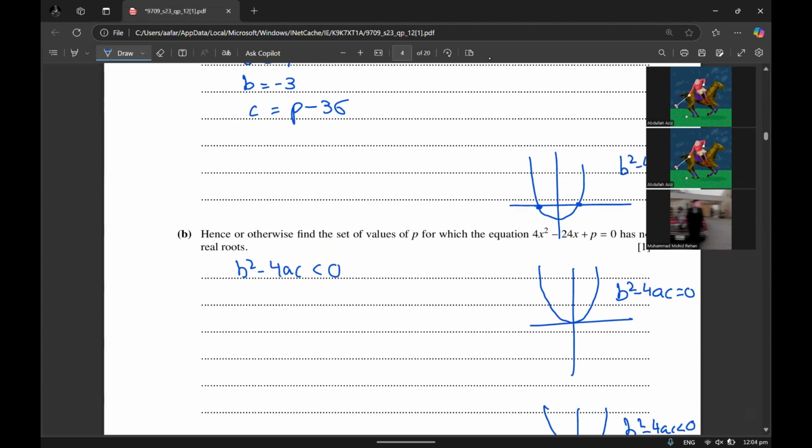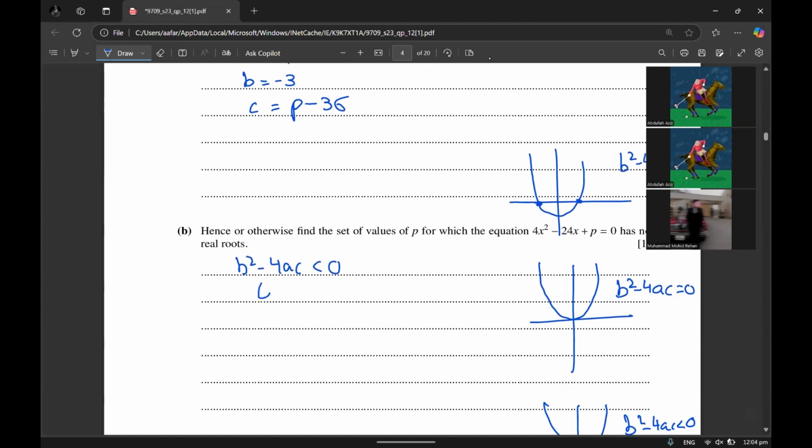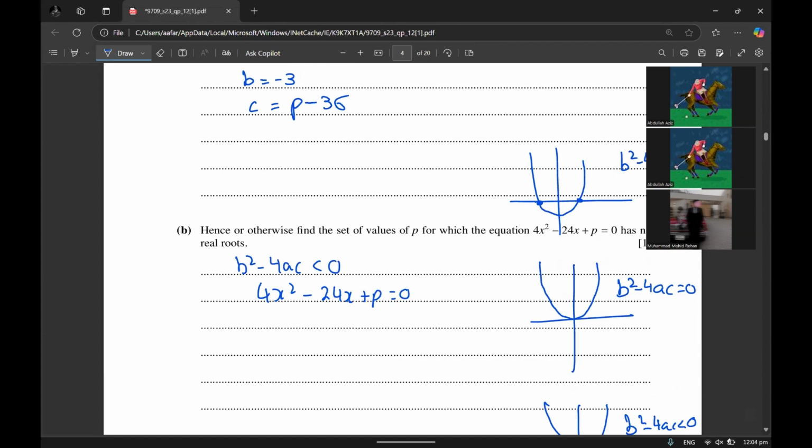In the equation 4x square minus 24x plus p, the base quadratic equation is ax square plus bx plus c.